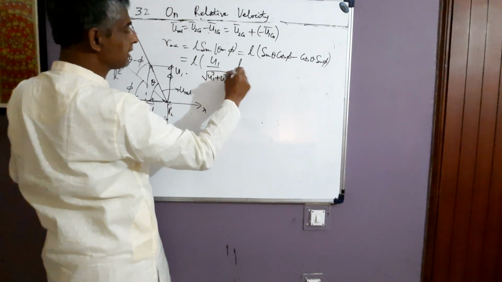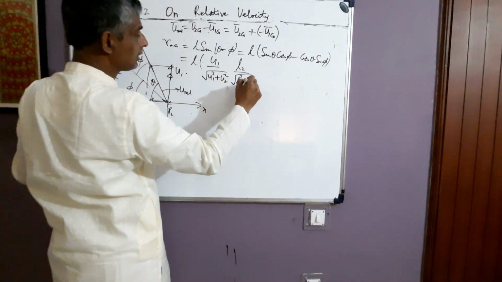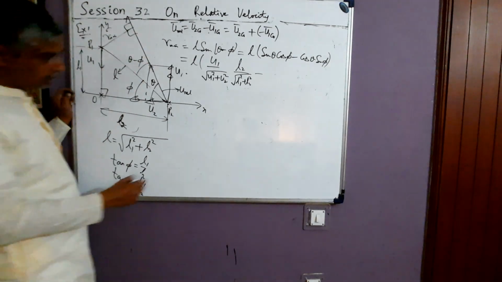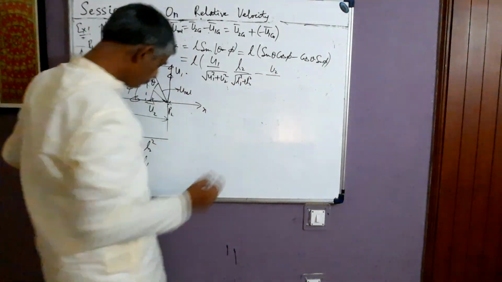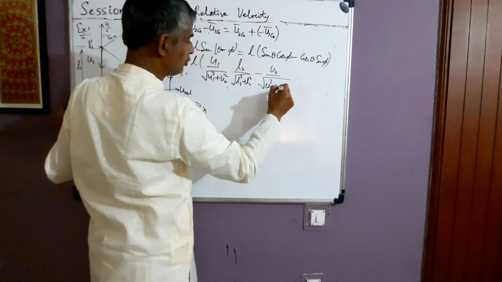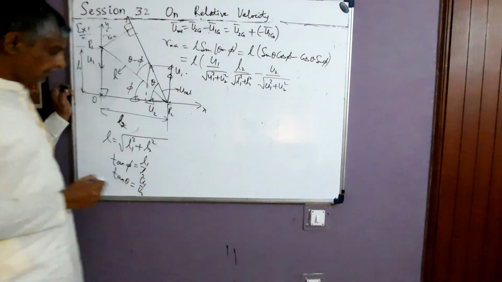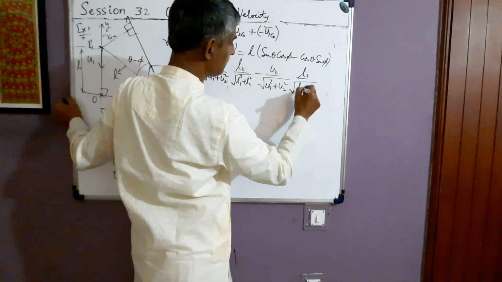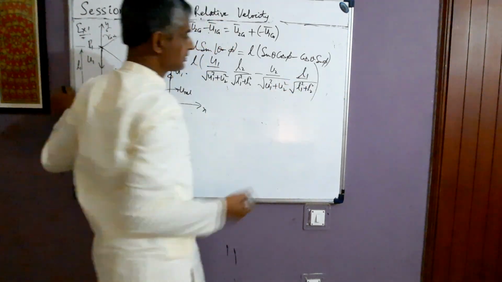From trigonometry, this will be L2 by root under L1 square plus L2 square, minus cos theta sin phi. Cos theta will be how much? u2 by root under u1 square plus u2 square. And sin phi will be how much? L1 by root under L1 square plus L2 square.